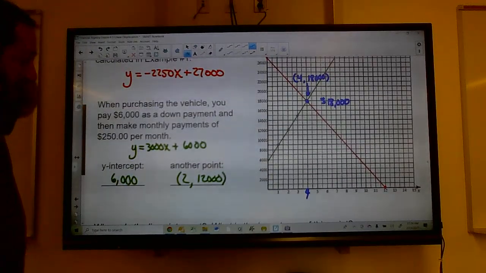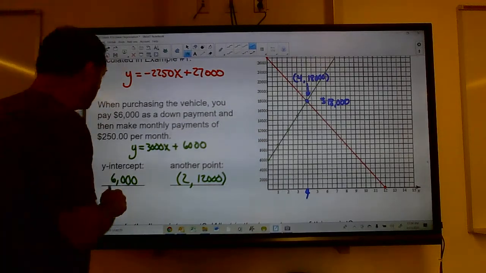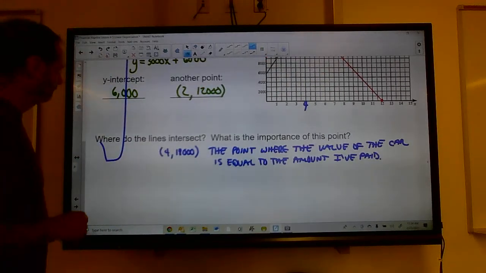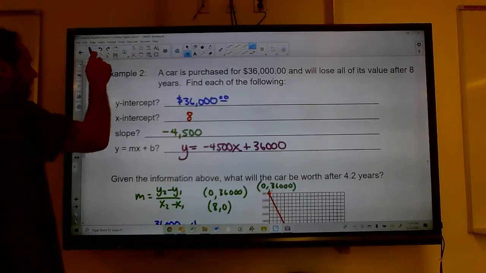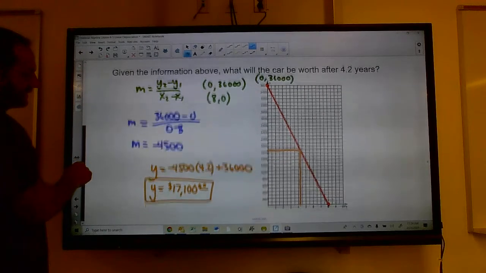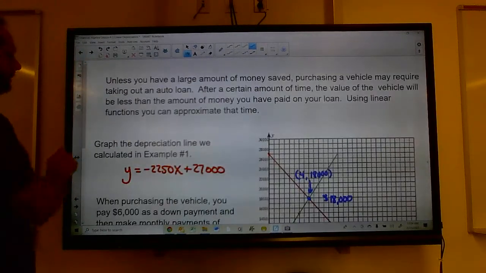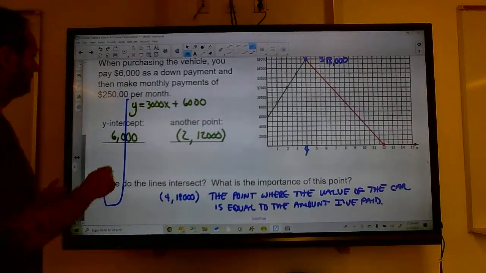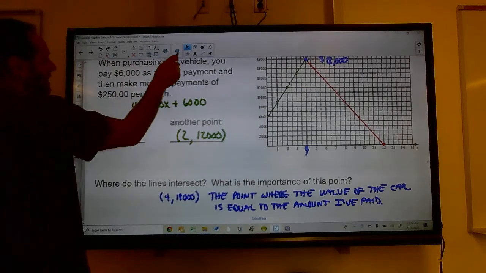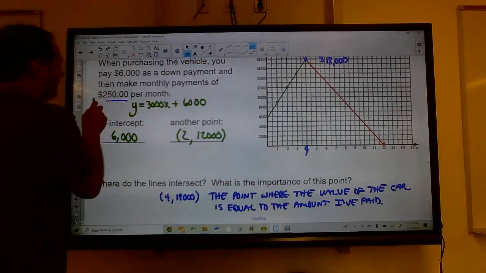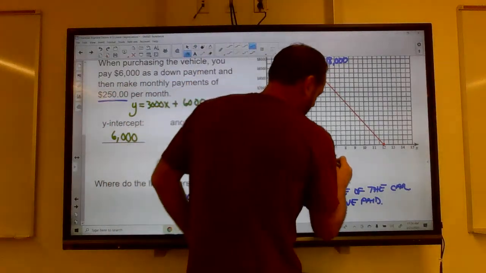And the reason I put 3,000 here, remember, is because it says that I'm paying $250 a month, but the scale on the bottom is in years.